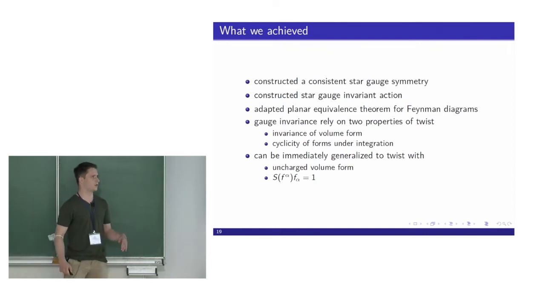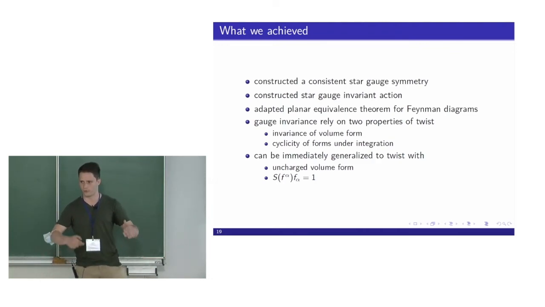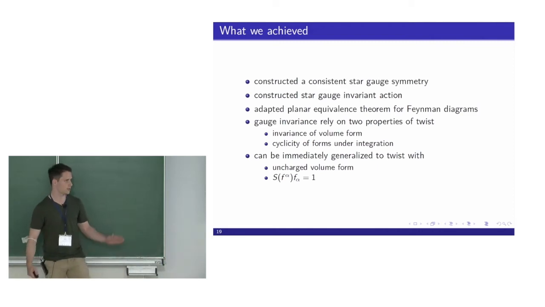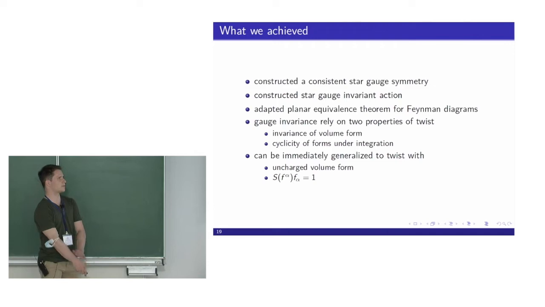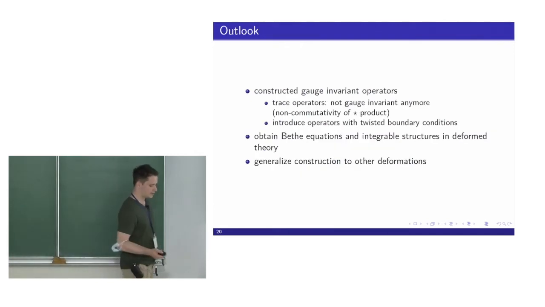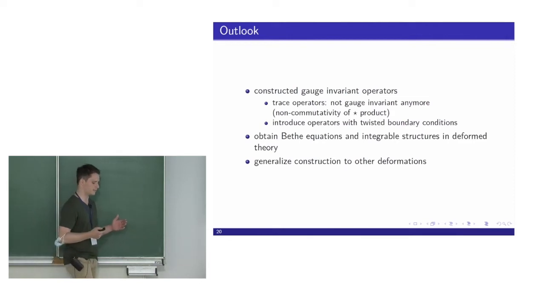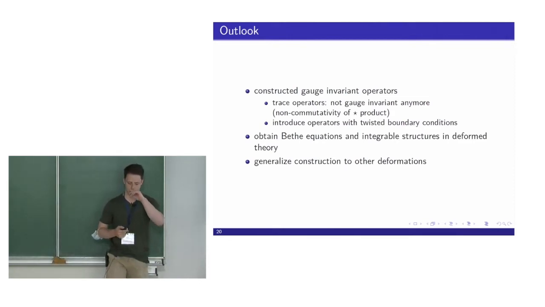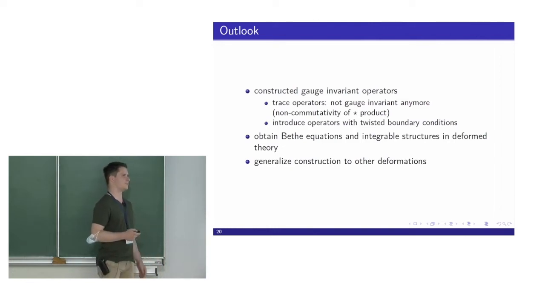So this is remarkable because we do not just have a construction that works for one particular deformation. We have a construction that even works for a class of deformations. So this is a huge step. But of course, we would like to obtain the integrable structures that we see in the undeformed n equals 4, also here in a twisted way in this deformed n equals 4.